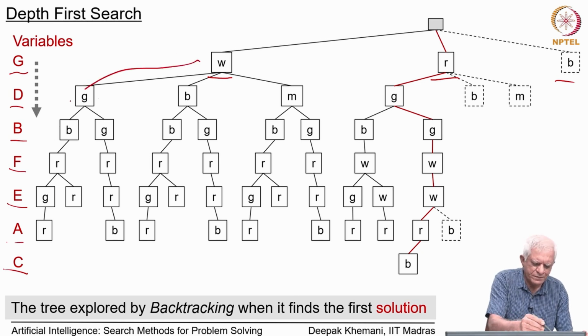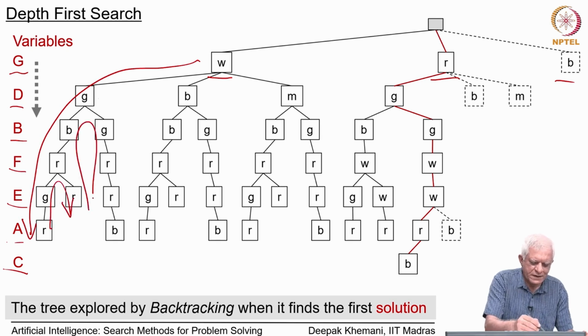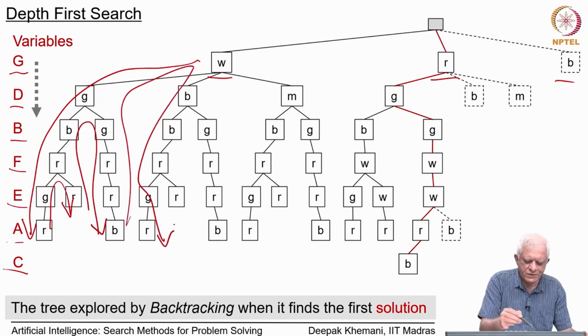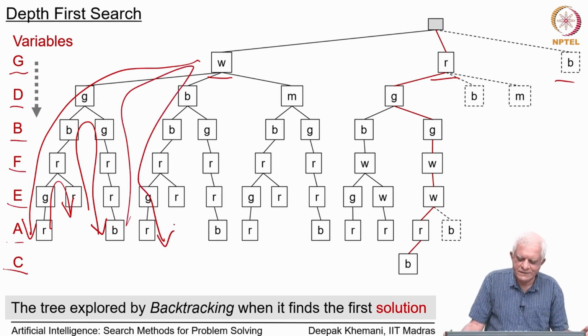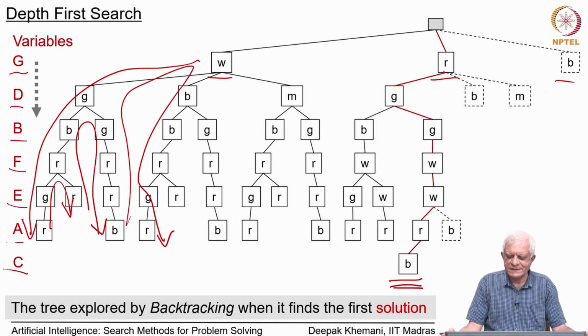So, essentially it goes on this path, then it backtracks and comes here, then it backtracks and comes here, then it backtracks all the way and comes here, and so on and so forth. And you can recognize that this is our good old friend, the depth first search algorithm, and it keeps doing that till it has found a solution where it has found a value for all the 7 variables essentially.